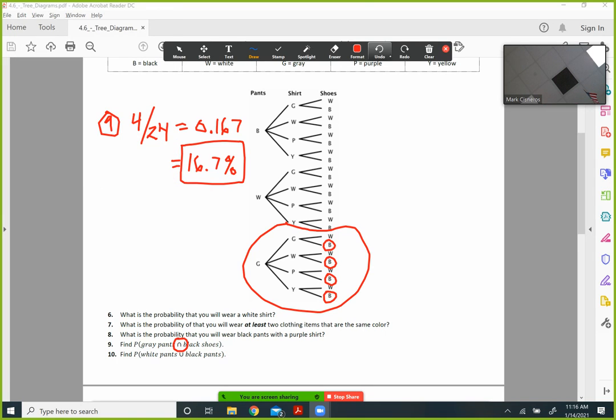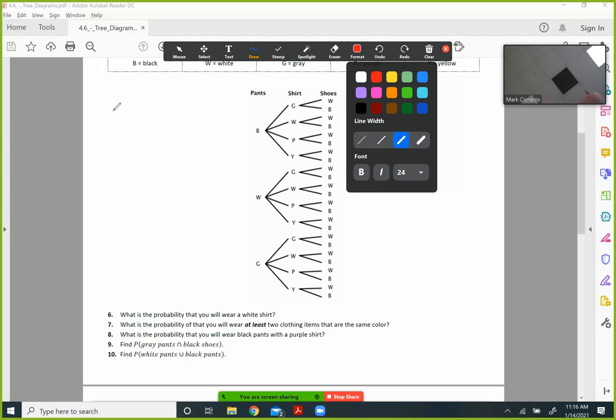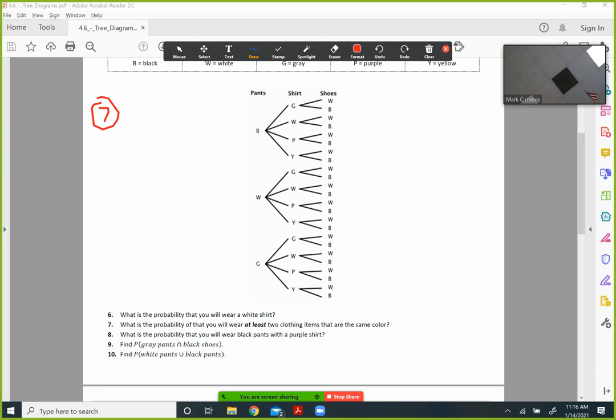7 is probably the hardest one, but it's not as hard when you start to realize it. So on number 7, I don't have the notation, so we're going to write the notation. Probability, 2 colors, 2 same color.